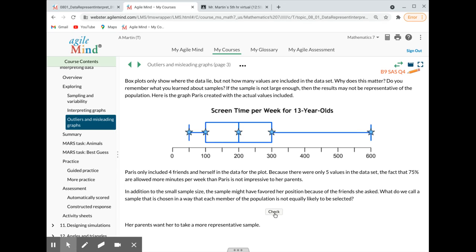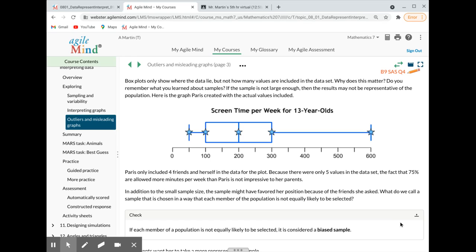What's it called? Go ahead, Devin. Histogram. Well, what I'm asking is, when we create a graph that represents our opinion, what is that called? Bias. A biased sample. That's correct. A biased sample.